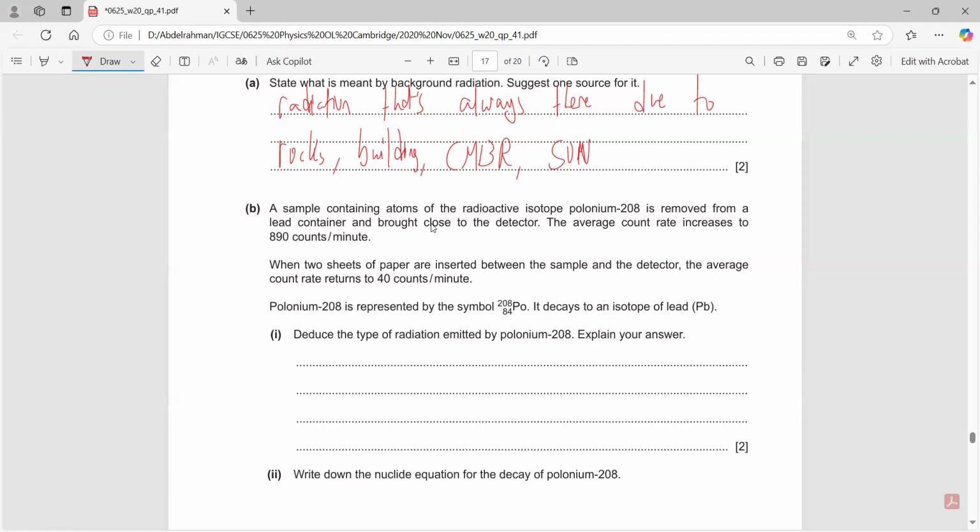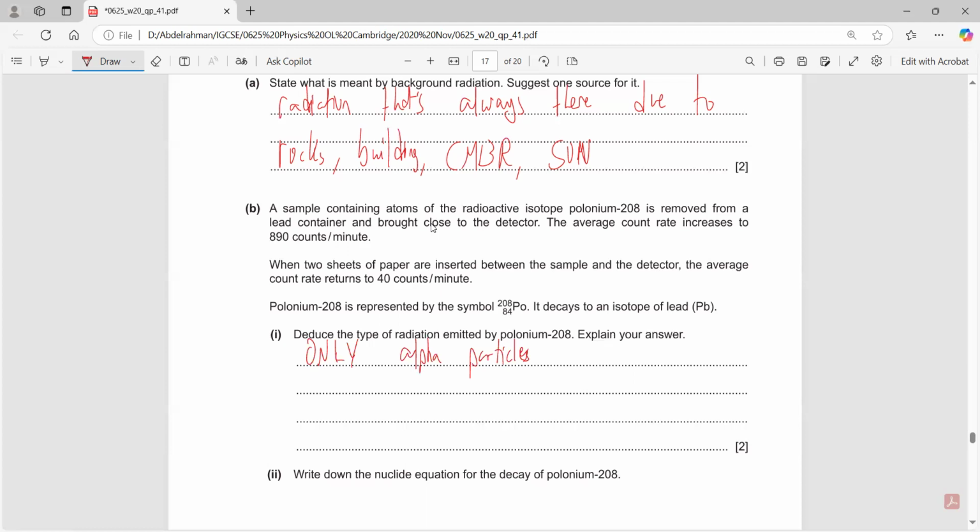Deduce the type of radiation emitted by polonium and explain your answer. What is the only type of radiation produced by polonium in this case? Alpha only. Why only alpha particles? Because alpha particles are stopped by the sheet of paper.